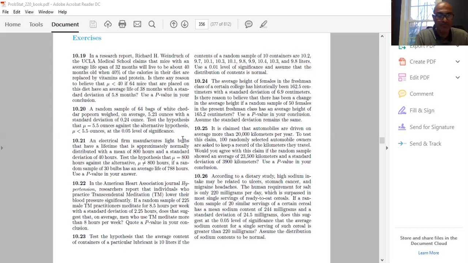If you can read the example, it says to test the hypothesis that the average content of containers of a particular lubricant is 10 liters, if the contents of a random sample of 10 containers are 10.2, 9.7, 10.1, 10.3, 10.1, 9.8, 9.9, 10.4, 10.3, and 9.8 liters. Use 0.01 level of significance, and assume that the distribution of the contents is normal.